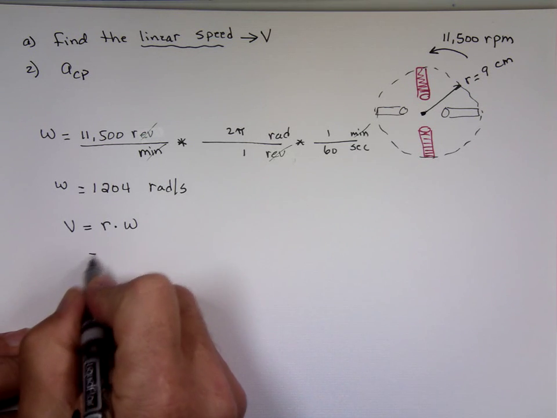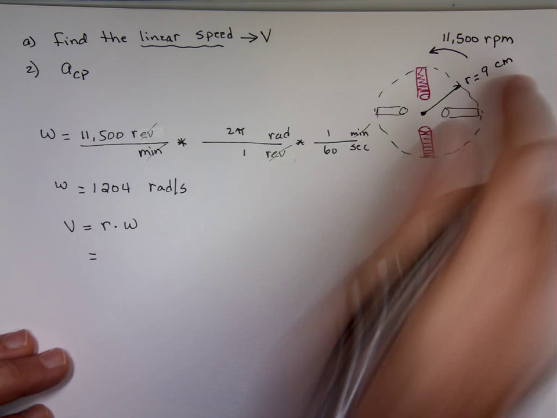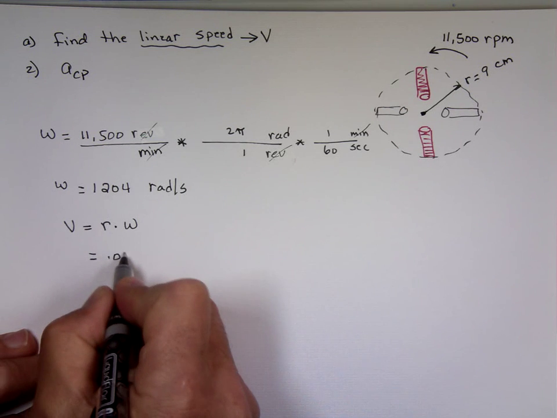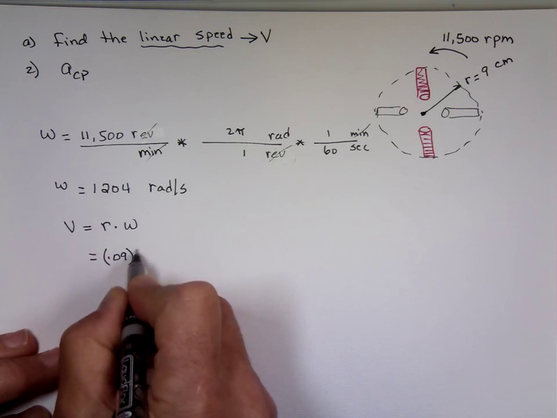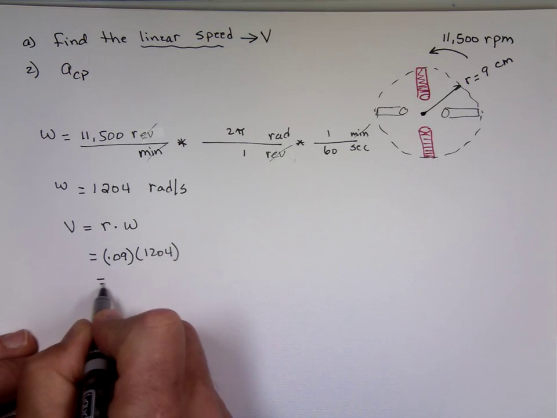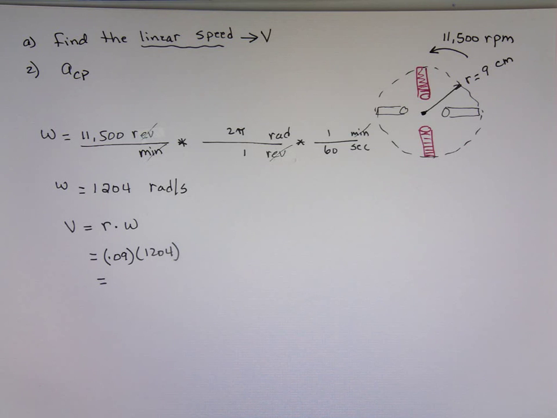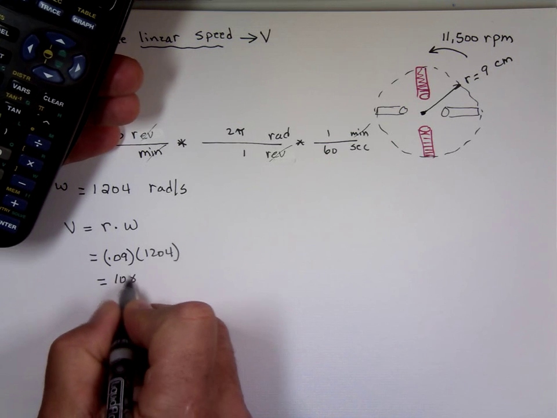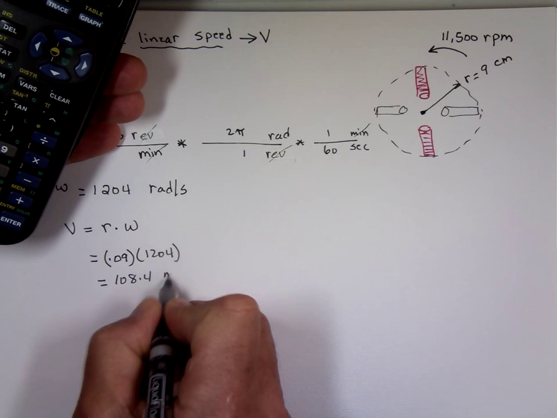R is 9 centimeters, that's 0.09 meters, and W is 1204. So V is 108.4 meters per second.